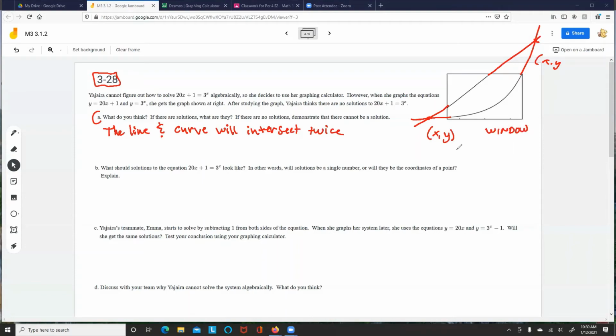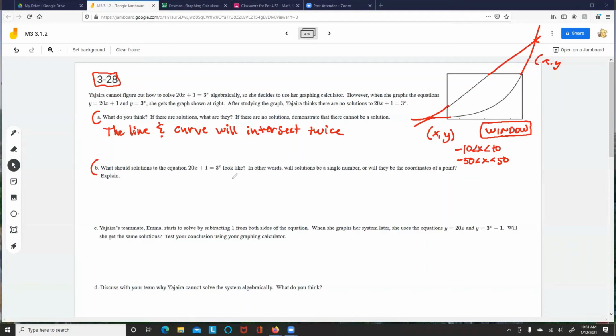It automatically defaults to -10 to +10. Well, you can change that to -50 to +50 if you need to. You can change the window to whatever you want. So if you have your graphing calculator, change the window and play with it so that you can actually get an intersection point, okay?